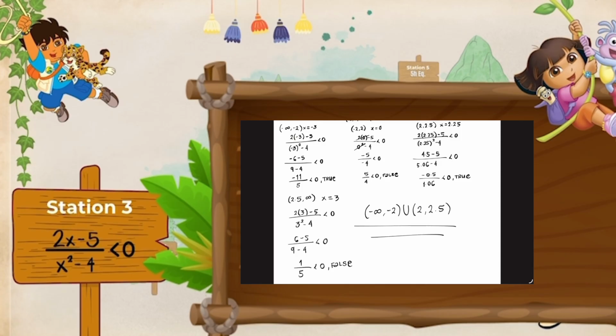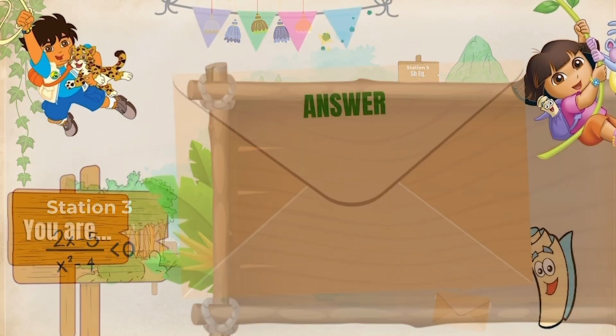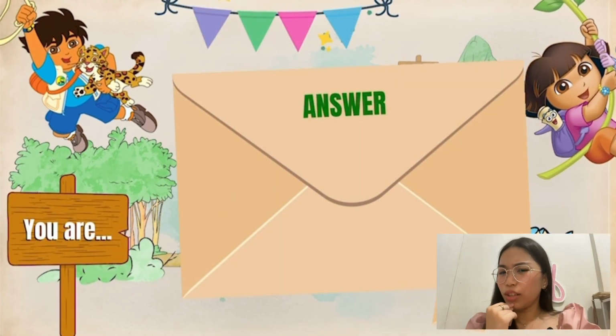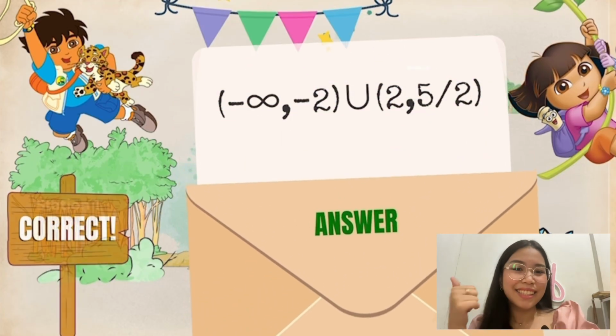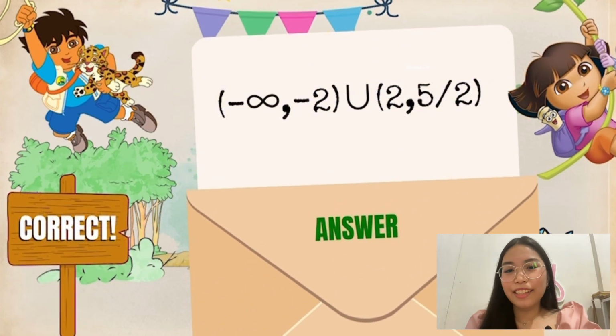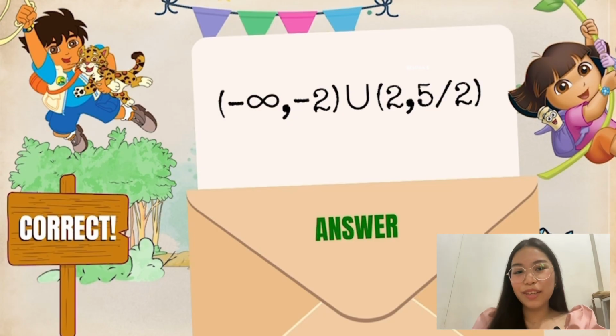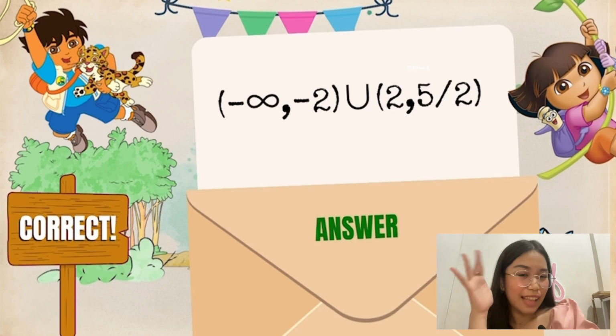And there you have it. Is our answer correct? Hmm, it's correct. Our answer is from negative infinity to -2 exclusive, union 2 to 5/2 exclusive. Let's proceed to the next equation. See you on the next station.